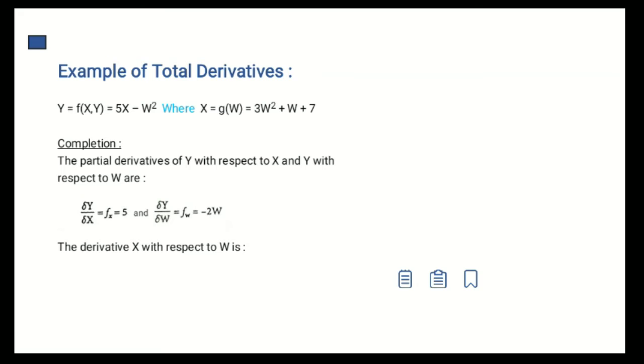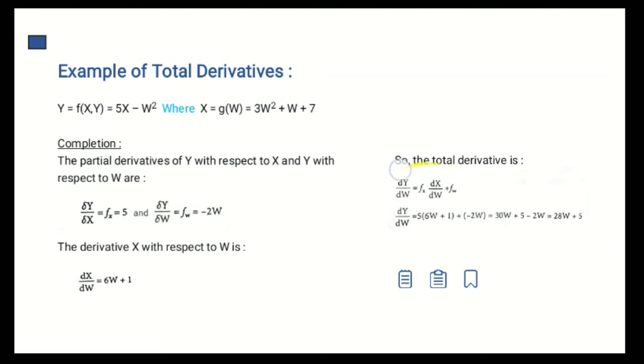The derivative of x with respect to w, dx/dw, is 6w + 1, where this result is the derivative of 3w squared + w + 7. So the total derivative is, this is the total derivative formula.